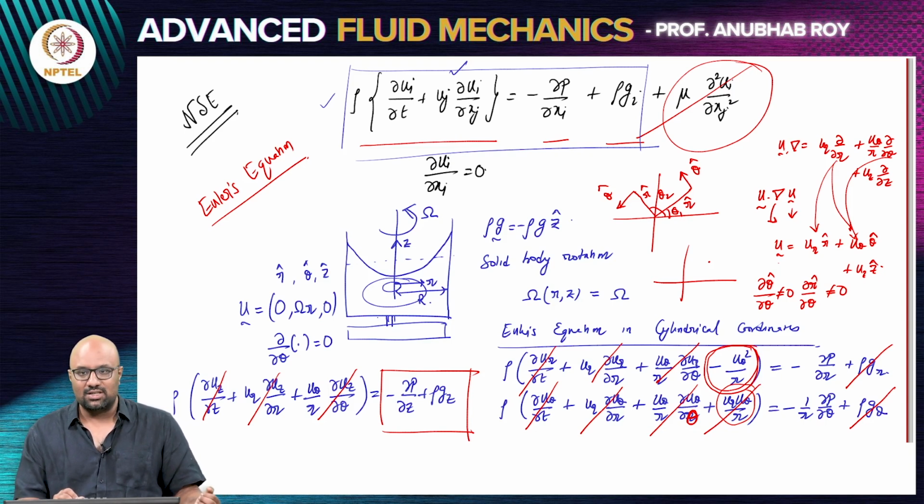If there is no vorticity in the problem, those are known as irrotational flows. So we will study irrotational flows, and before that we will use the Euler's equation to obtain a relation involving pressure and velocity. That is where we will focus in the next class.